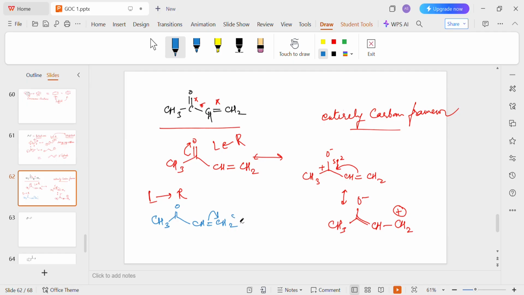CH3 double bond O, CH. Now this pi bond has shifted here, so this becomes electron rich, right? So CH2 and a negative charge, and there is a deficiency of 2 electrons here because the pi bond has shifted completely to this carbon, so this carbon becomes electron deficient with a positive charge.